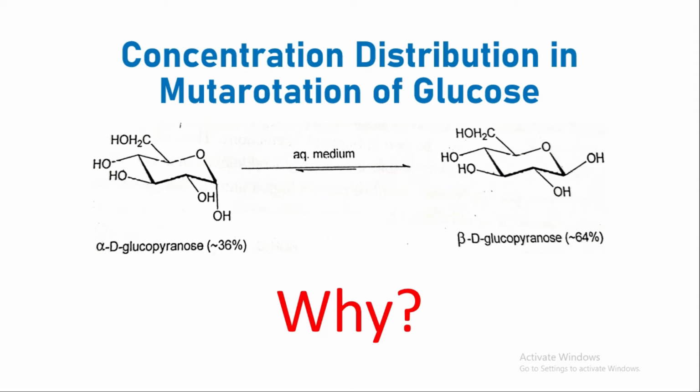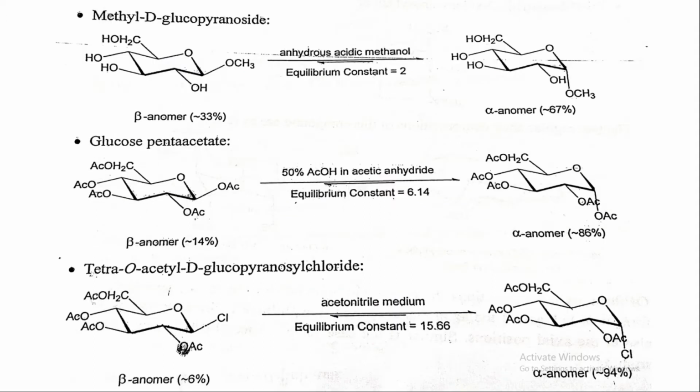There is some other evidence also: if we replace the anomeric hydroxy group with a more prominent electron withdrawing group, like methoxy, acetate, or halogens such as chlorine, the alpha anomer predominates over the beta anomer.